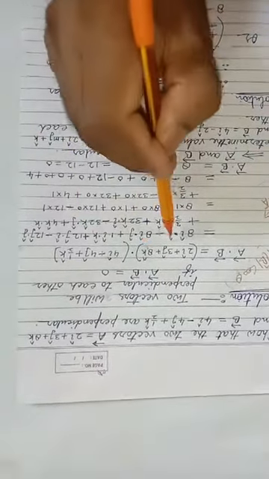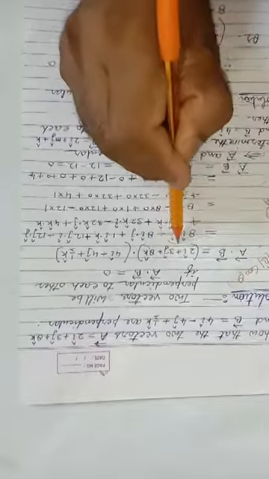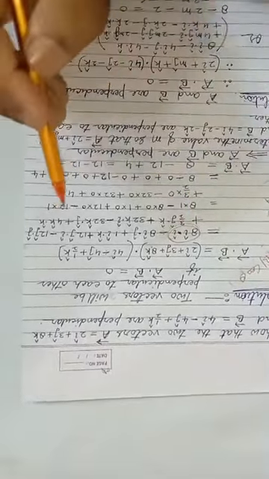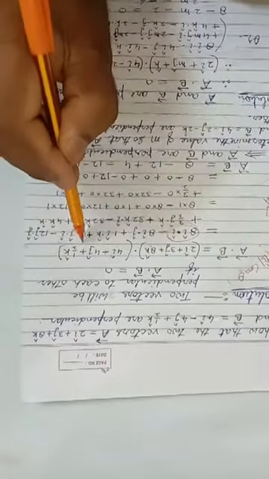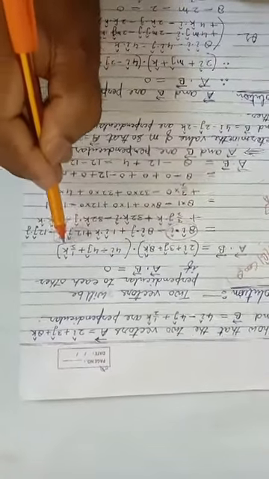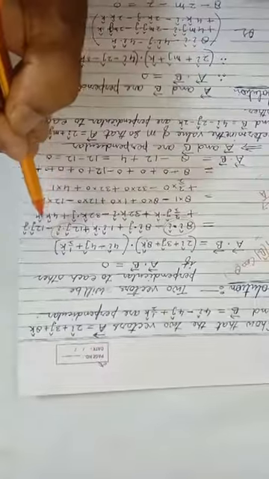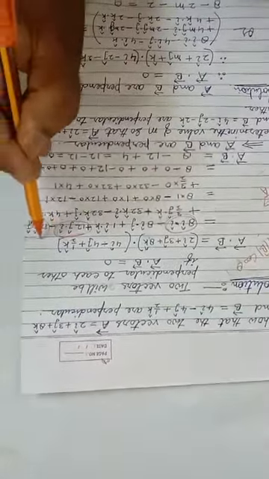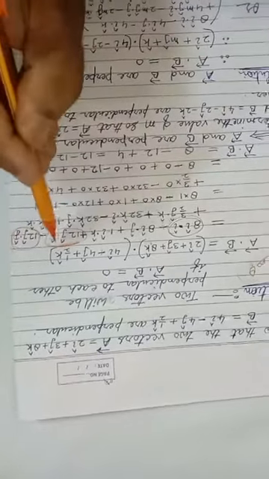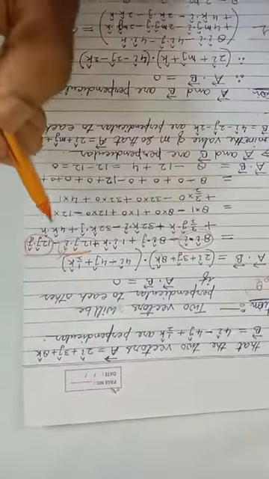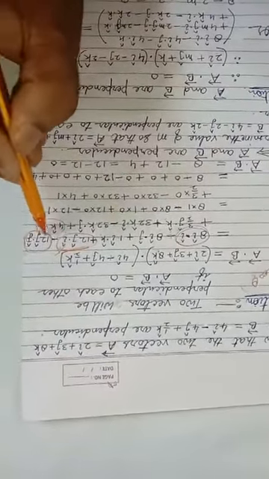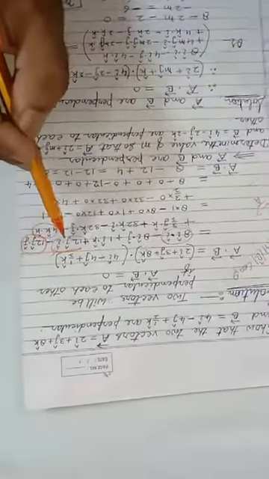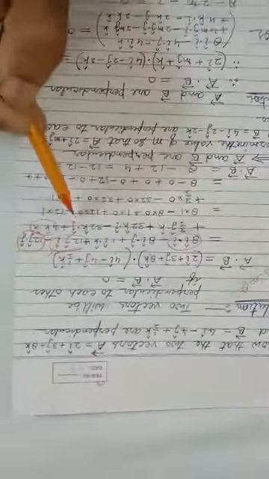But when you take the same vector, that is i dot i, this term, and second is this term j dot j, and third is k dot k.